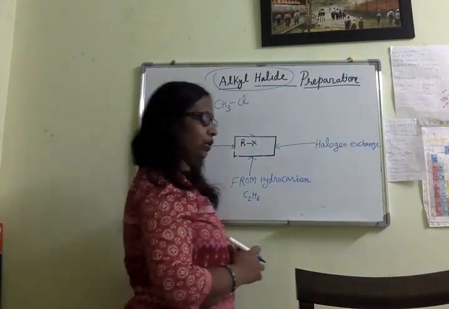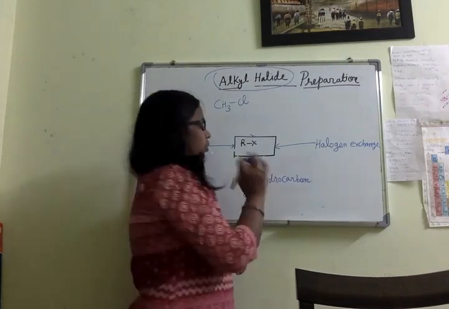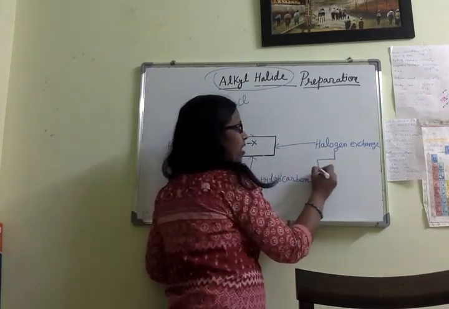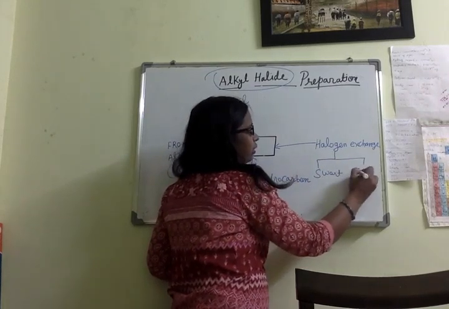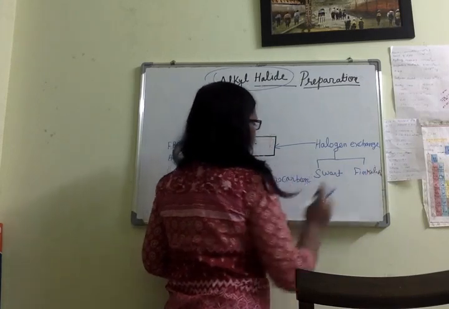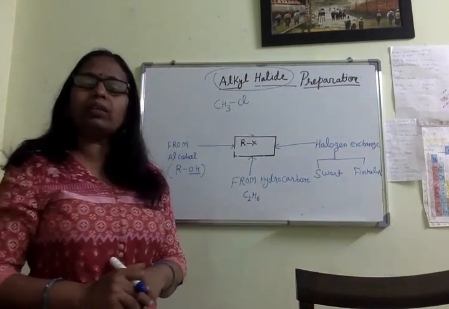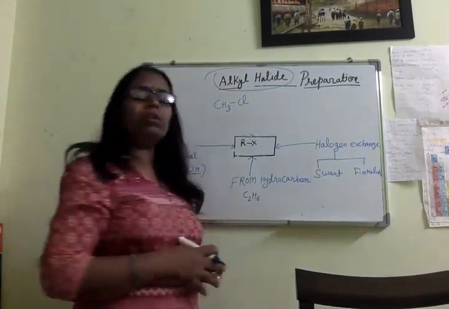Third method, halogen exchange method. In halogen exchange method, there are two types of reaction, Swarts and Finkelstein. These are scientists' names. Halogen exchange reaction means we already have an alkyl halide and we get another alkyl halide.